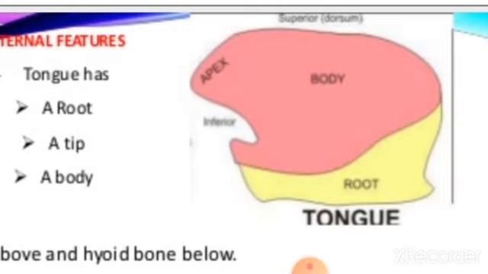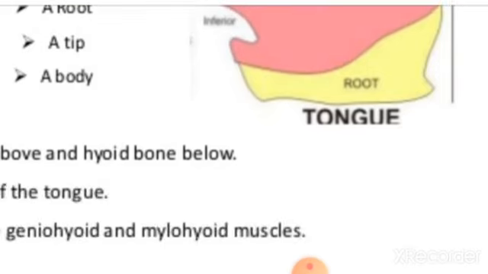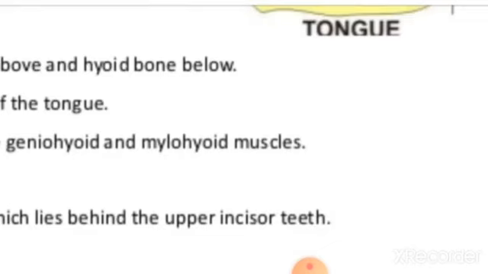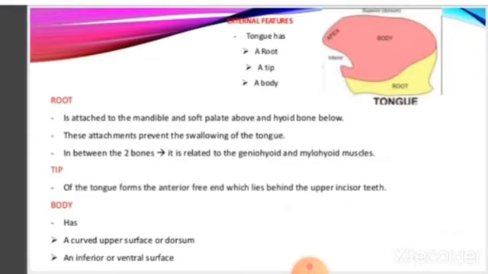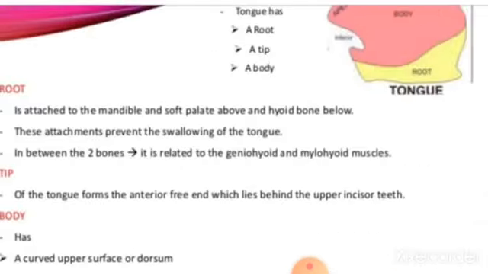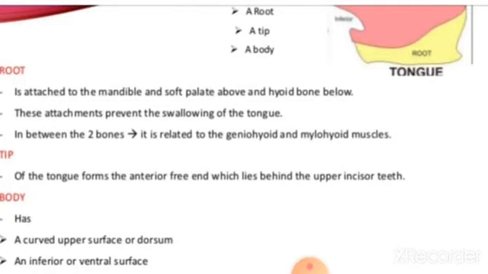And it has a body, with a curved upper surface or dorsum, and an inferior or ventral surface.